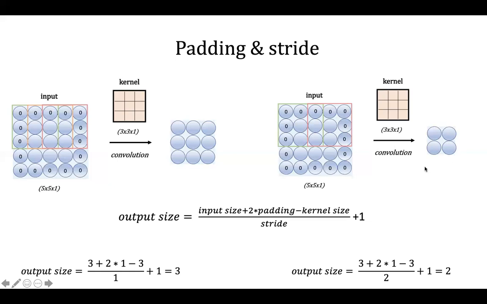You can control the output shape by choosing the padding and stride. And again, you're not going to be calculating this manually. You can always see the output shape in the Keras TensorFlow summary, or you can print the model and see the shapes in each layer.